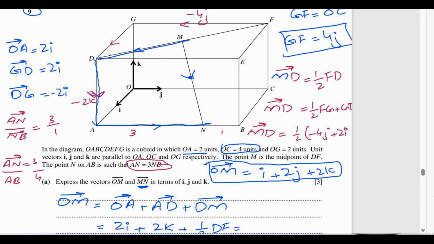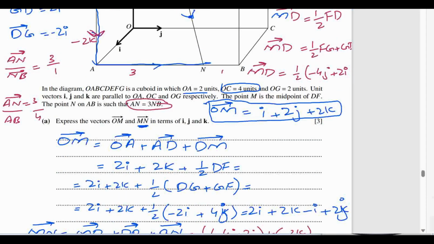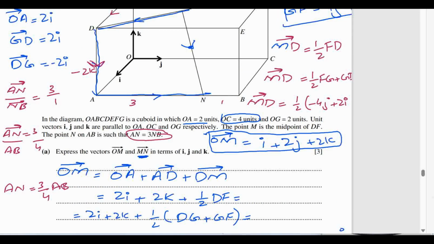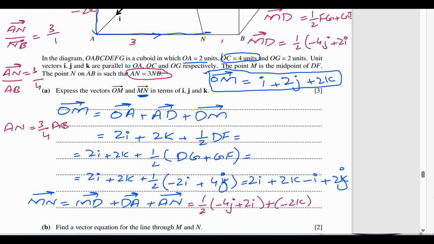Now from this one we can see that AN will be equal to 3 by 4 of AB. Now the value of AB is what? As we can see that it is parallel to OC and OC is of 4 units. So this will be equal to 4J.